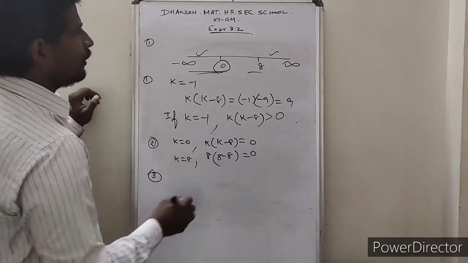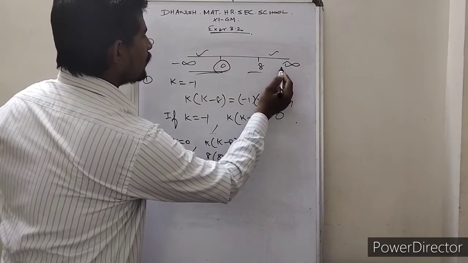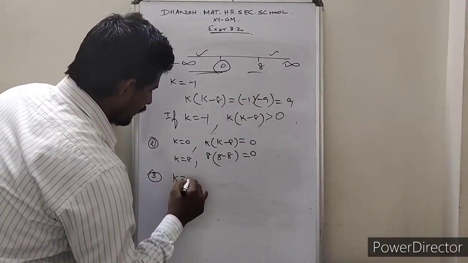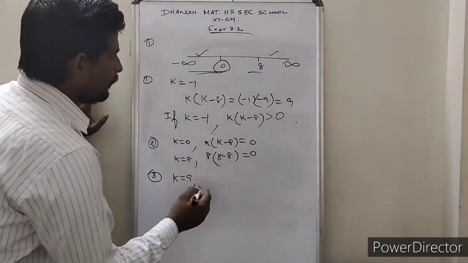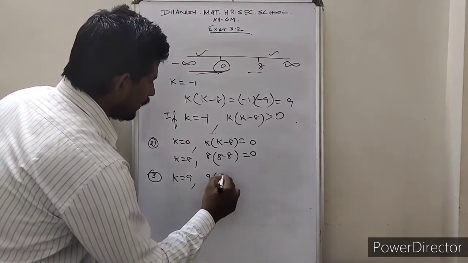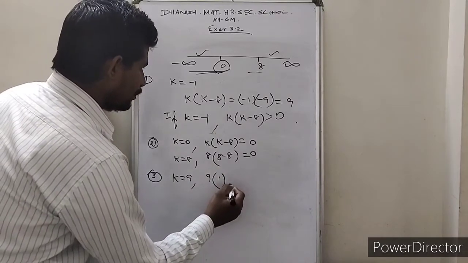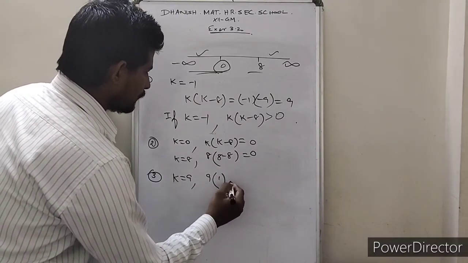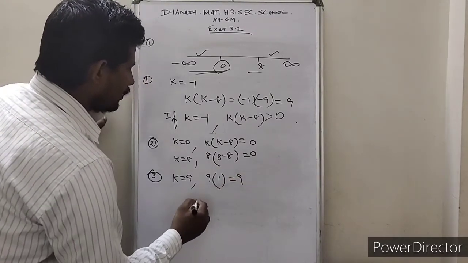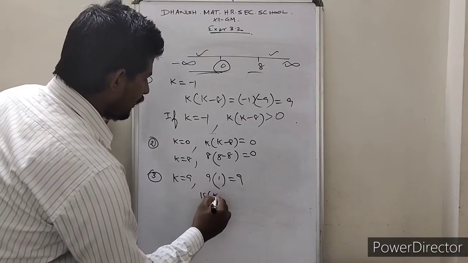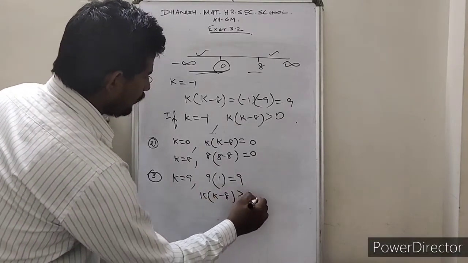Then third one. Now I'm going to take one value from this interval. I'm going to take k as 9. So what will happen? 9 into 1. So this is equal to 9. So k into k minus 8 is greater than 0.